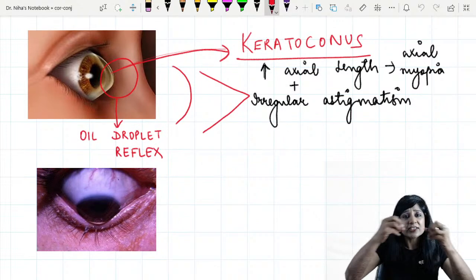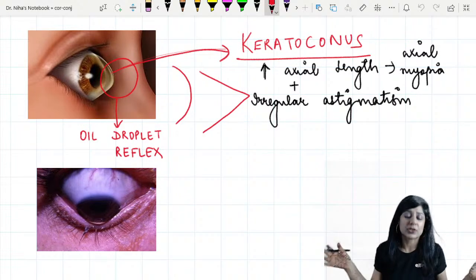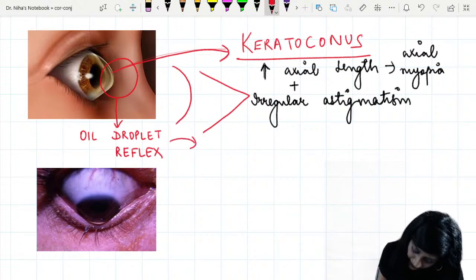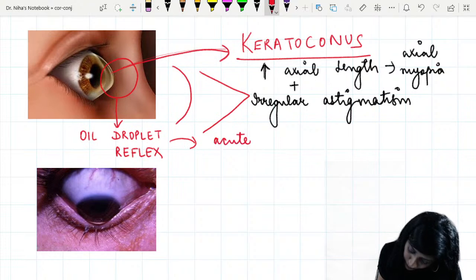Sometimes it is stretching, so again, Descemet's membrane rupture. So from that what we can have is the acute hydrops. That is the complication.